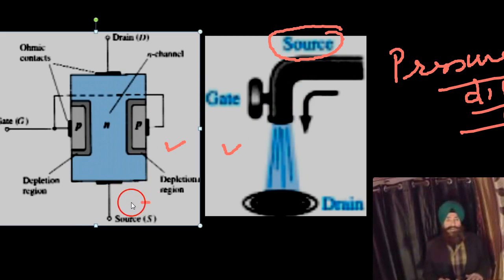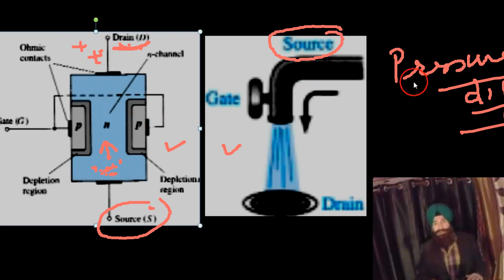Similarly, between source and drain, there will be current, electron current. There will be more electron current if there is more potential difference between source and drain. Because there is a source of electrons. S means source of electrons. For electrons to move, positive potential is required here. Stronger the positive potential, more there will be current. So more the pressure difference, more will be the water. The water is going to drain here.